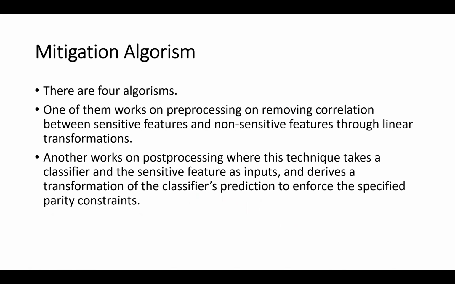Okay, so mitigation algorithms: there are 4 different mitigation algorithms for FairLearn. One of them works on pre-processing to remove correlation. How does it work to reduce bias? As I said before, if for example I have gender male or female, this might have an impact on other features.